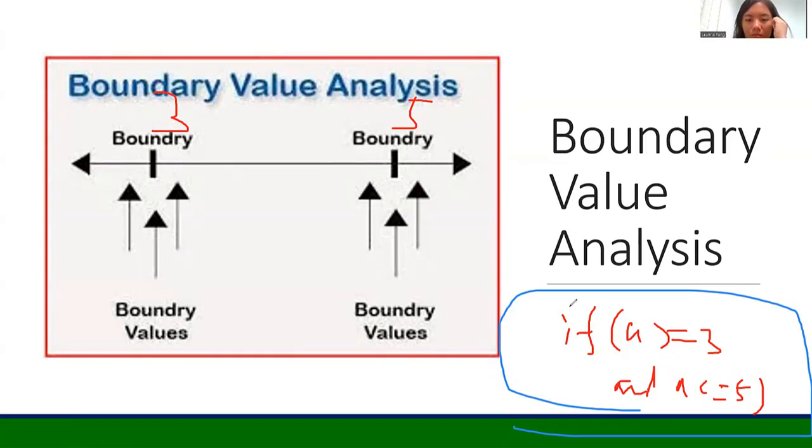No, you need to test 5 cases. You need to test these 2 cases, 3 and 5, on the boundary. You also need to test one in this zone, that's maybe 1, one in this zone, that's maybe 4, and one in this zone, maybe 6.